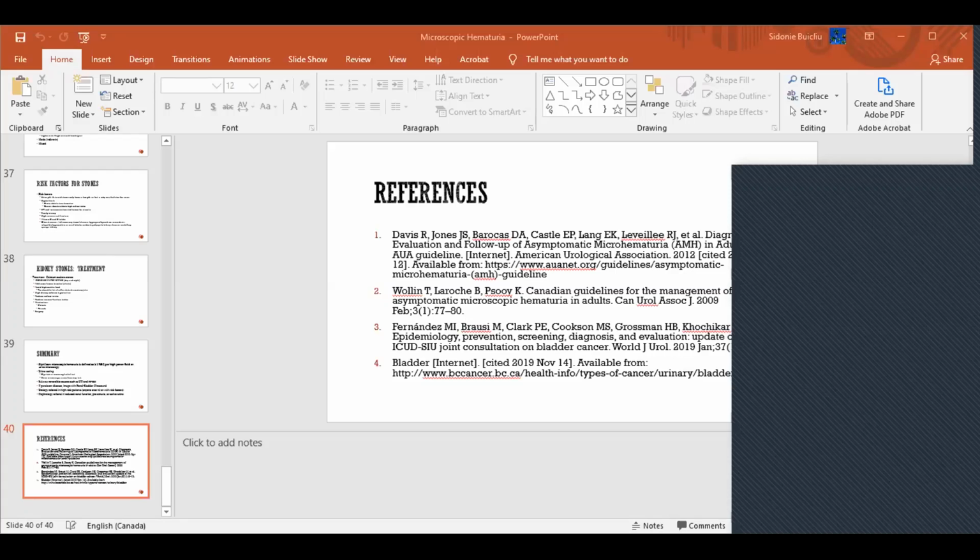Loin pain hematuria. So, that's a tough one. It's generally a diagnosis of exclusion. You can investigate nutcracker syndrome with an MRA to look at the blood vessels.